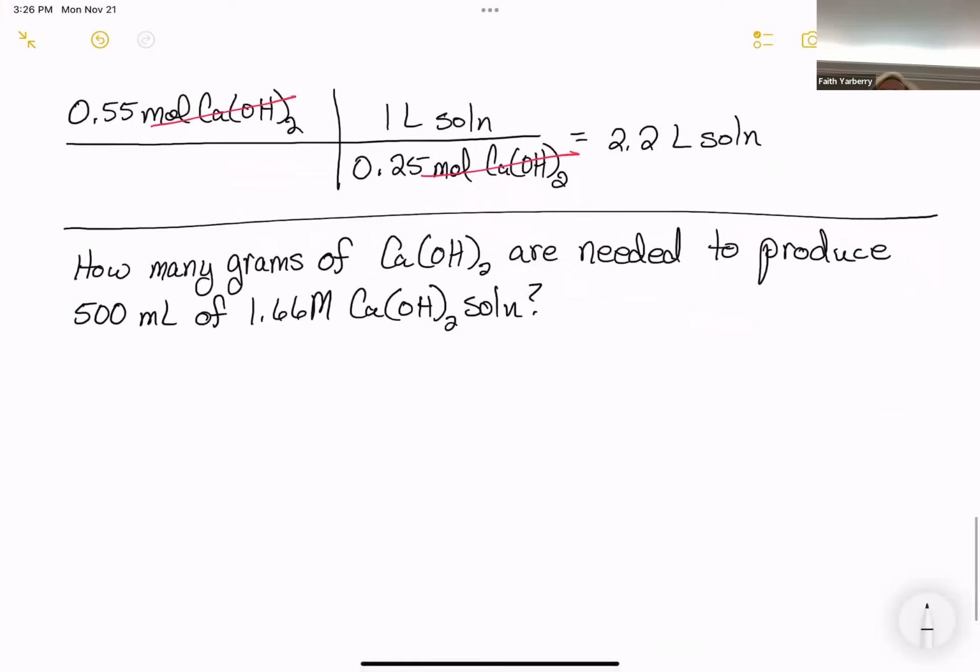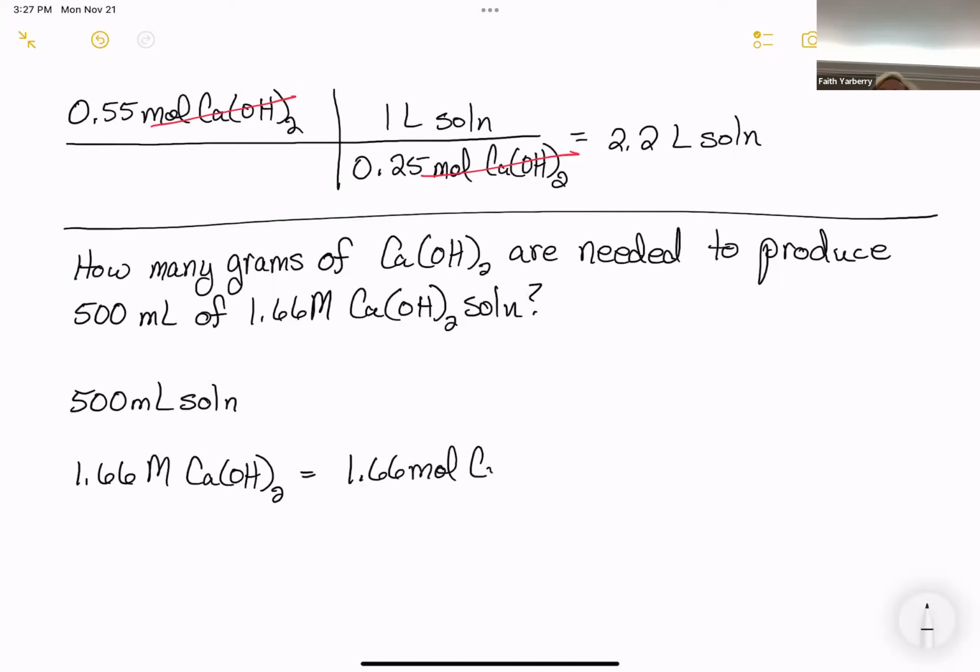Reviewing what I have been given, I have 500 milliliters of solution. I know that the solution is 1.66 molar calcium hydroxide. Rewriting that molarity, that means it's 1.66 moles of calcium hydroxide per 1 liter of solution.